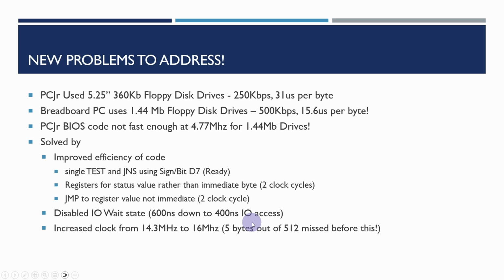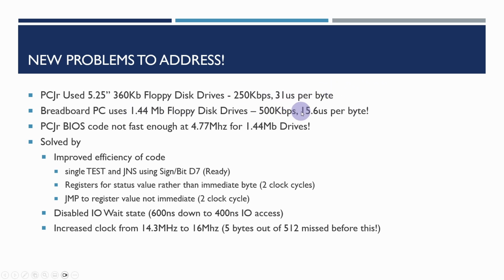Now I had some new problems to address. The PC Junior used 5¼ inch 360k floppy disk drives, I think. They work at a lower data rate than the high density ones that we're using, as we'll be using the 1.4 megabyte floppy disk drives. There was an issue that I hadn't anticipated: working at half the data rate, the code has about 31 microseconds per byte to poll the floppy disk controller, read the byte and write it to RAM.